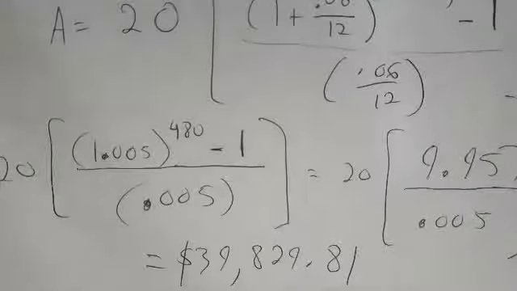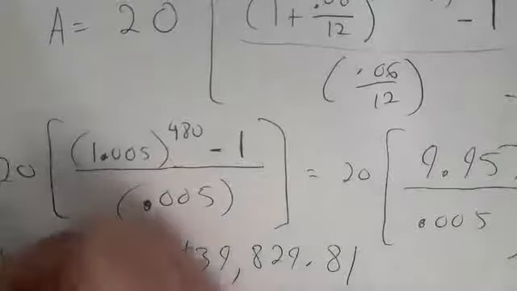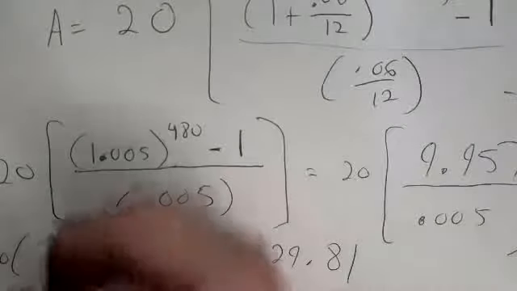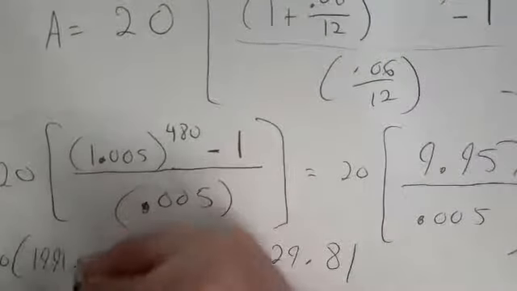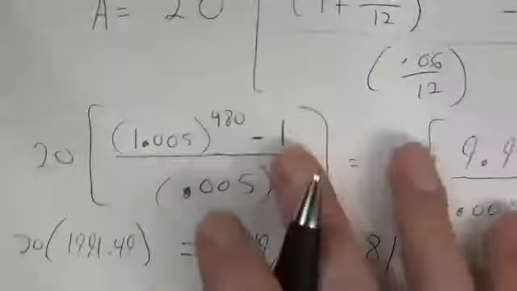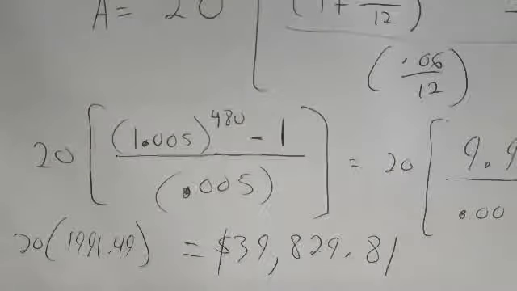So if we get 39,829.81 by doing 20 by 1991.49, somewhere in that ballpark is what you should get. I think with this rounding, you're going to be 1 penny off of that instead.